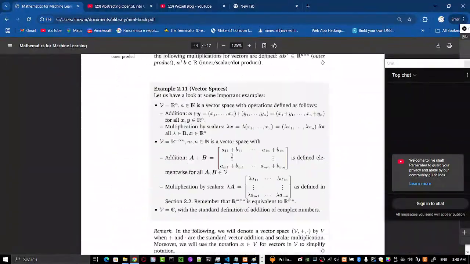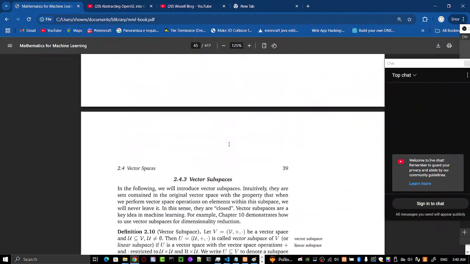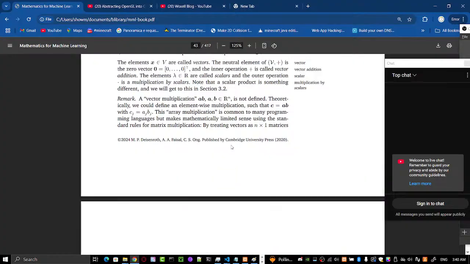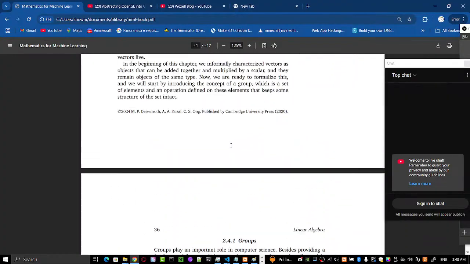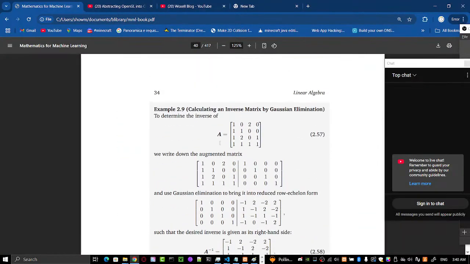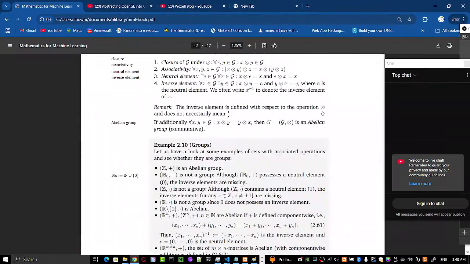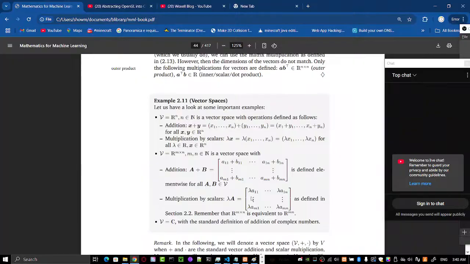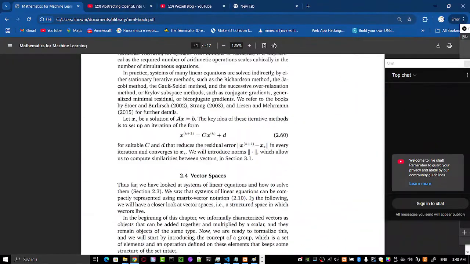So what we learned the last time is how to solve linear equations using matrices, right? We have everything here.